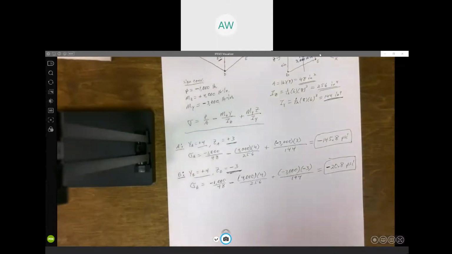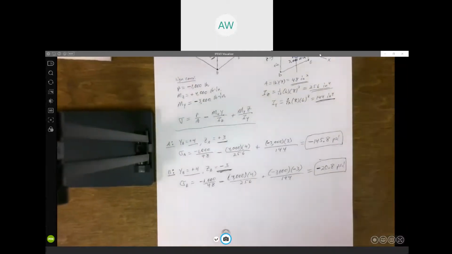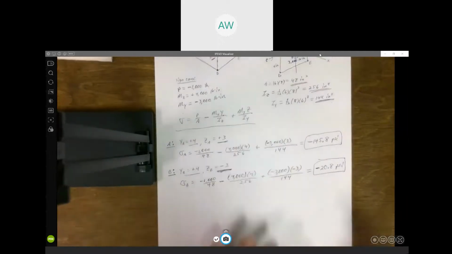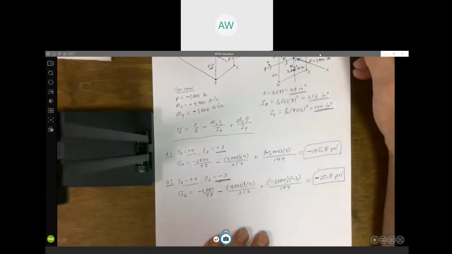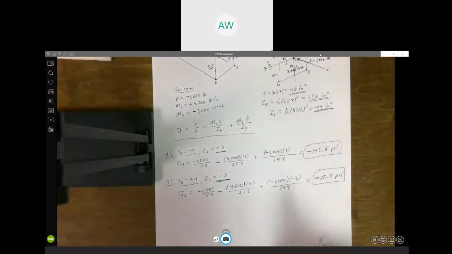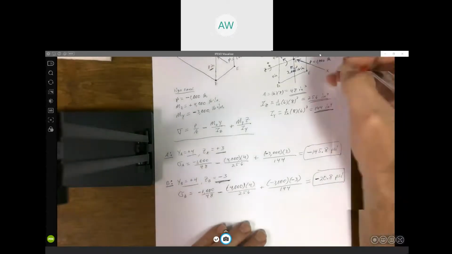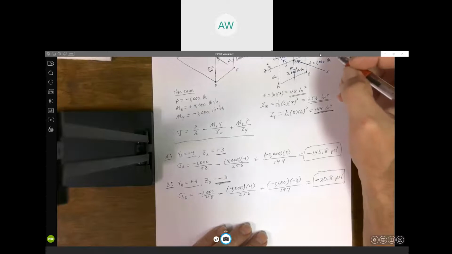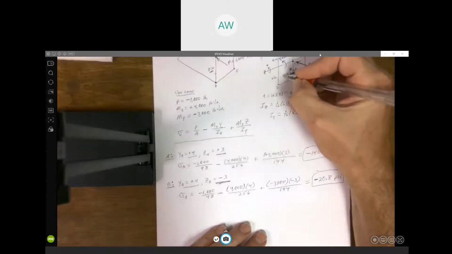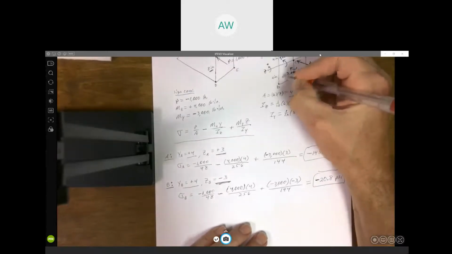All right, any question about how we got the stress at B? All right, well, I changed my mind. Instead of doing the other corner, let's just pick a point. I've got more room, so we'll put it here.